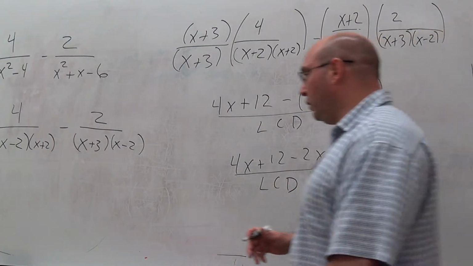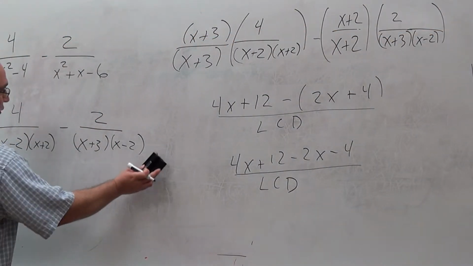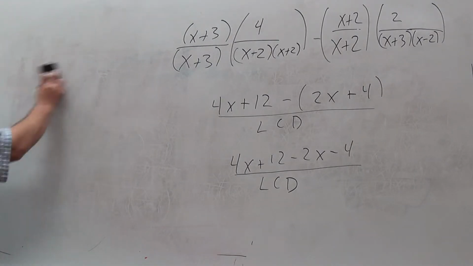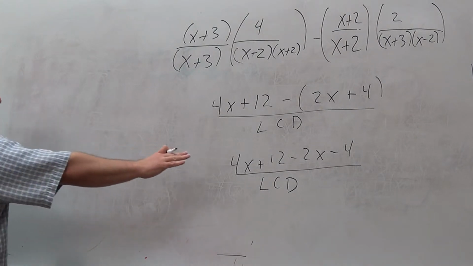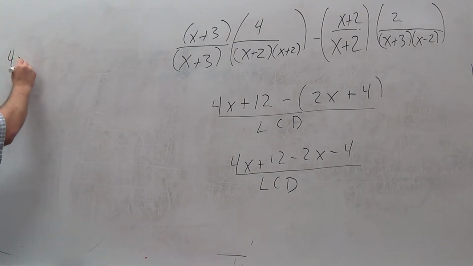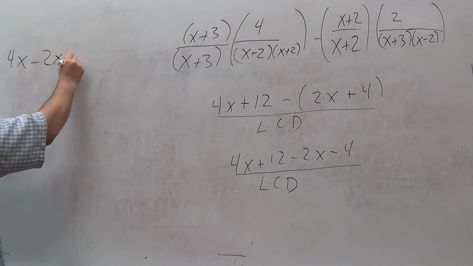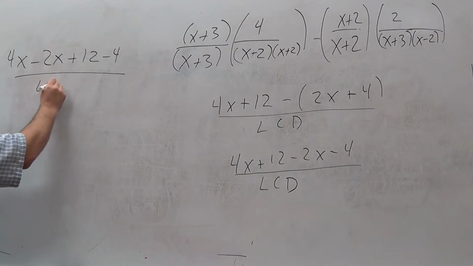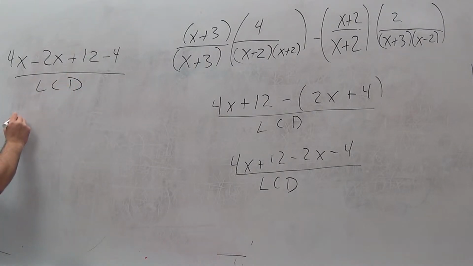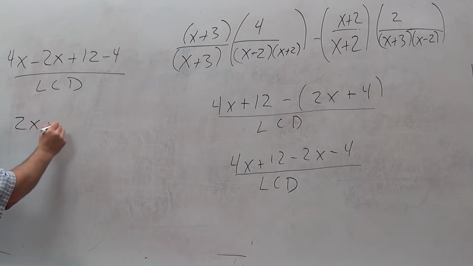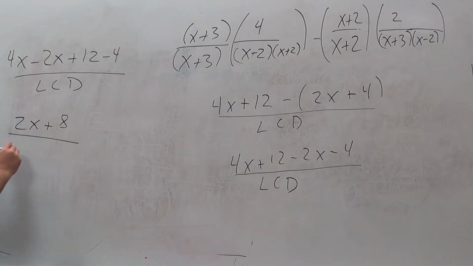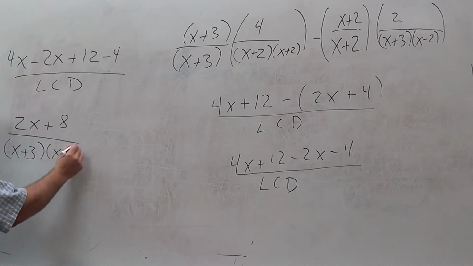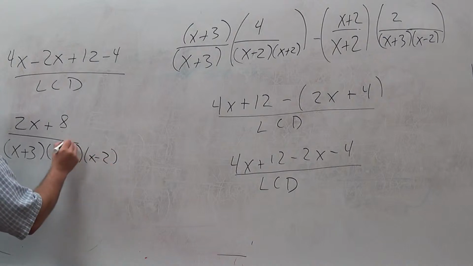All right? So now we combine these up. I get 4x minus 2x plus 12 minus 4 over my lowest common denominator, which is (2x plus 8) over my x plus 3, my x plus 2, and my x minus 2.